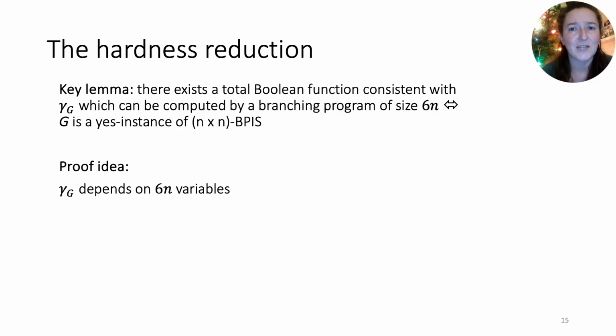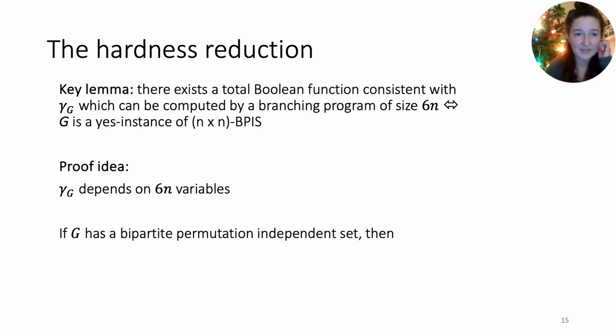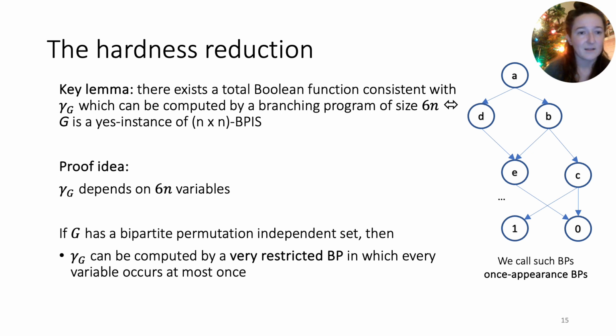Yeah, I will not have time to explain much of this proof, but just a few ideas. So a reminder that gamma depends on 6n variables, and if G has a bipartite permutation independent set, then we can efficiently compute gamma G by a very restricted version of branching program in which every variable occurs at most once.